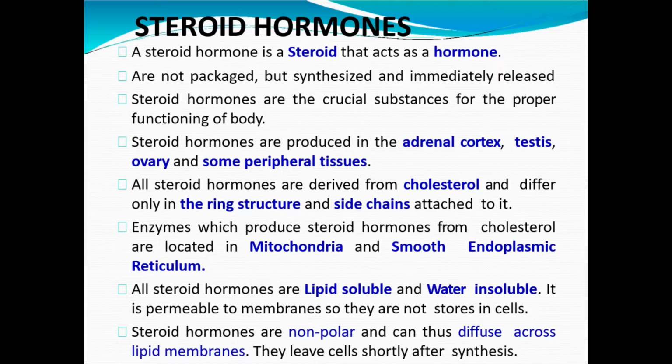They are not packaged but synthesized and immediately released. They are transported through the bloodstream to the cells of various target organs, where they carry out the regulation of a wide range of physiological functions.